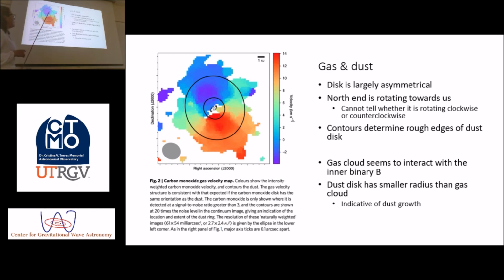They were able to show that the gas disk is relatively asymmetrical. They determined that the north end is the end that's rotating towards us, though they cannot tell whether this is rotating clockwise or counterclockwise.